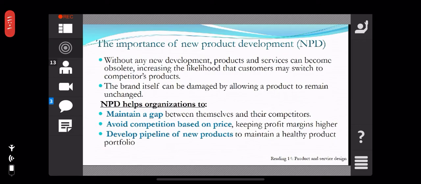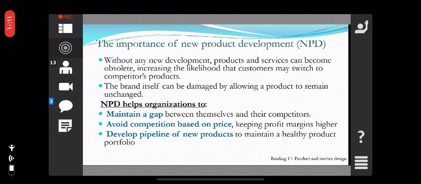Now, NPD, new product development, meaning development of the new products. This helps organizations to maintain a gap between themselves and their competitors.